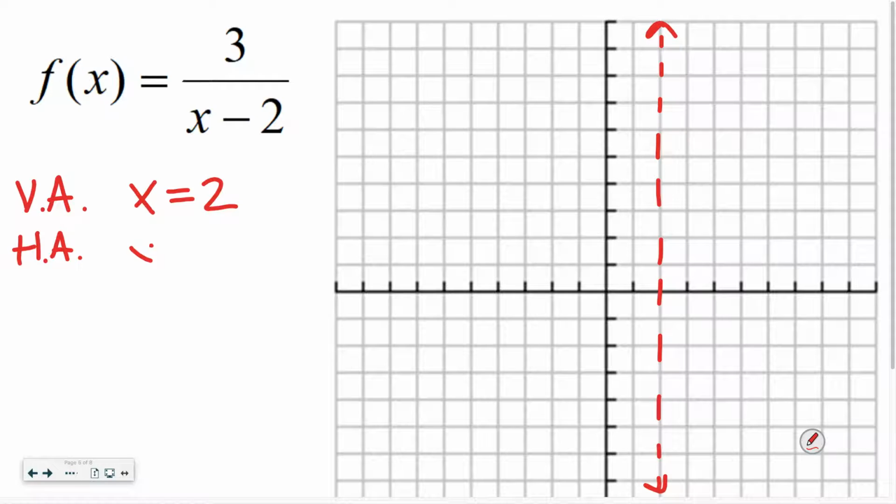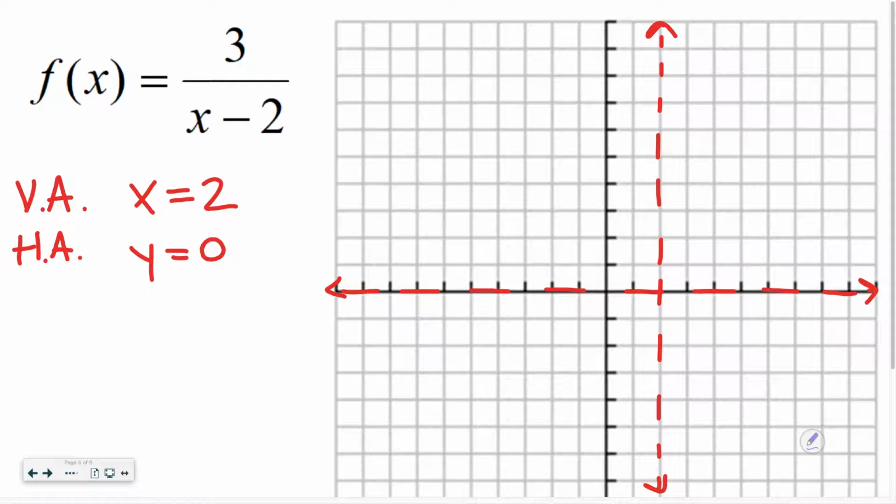So automatically our horizontal asymptote is at y equals 0. Is it bigger because it has an x? Right, so this is x to the first. This would be considered like x to the 0. Okay. Yep. Okay. If this were 3x, then we would say that they have the same degree. Okay? Thank you for asking.